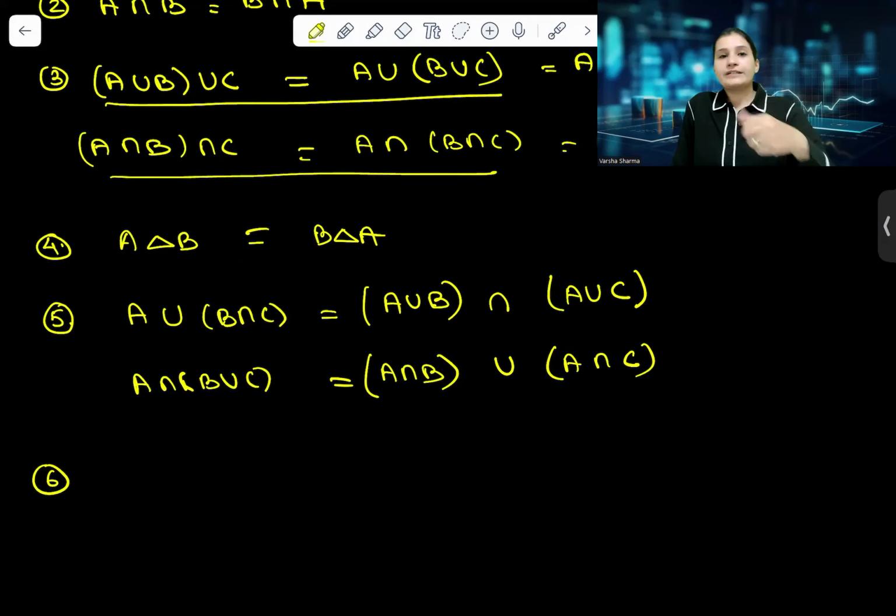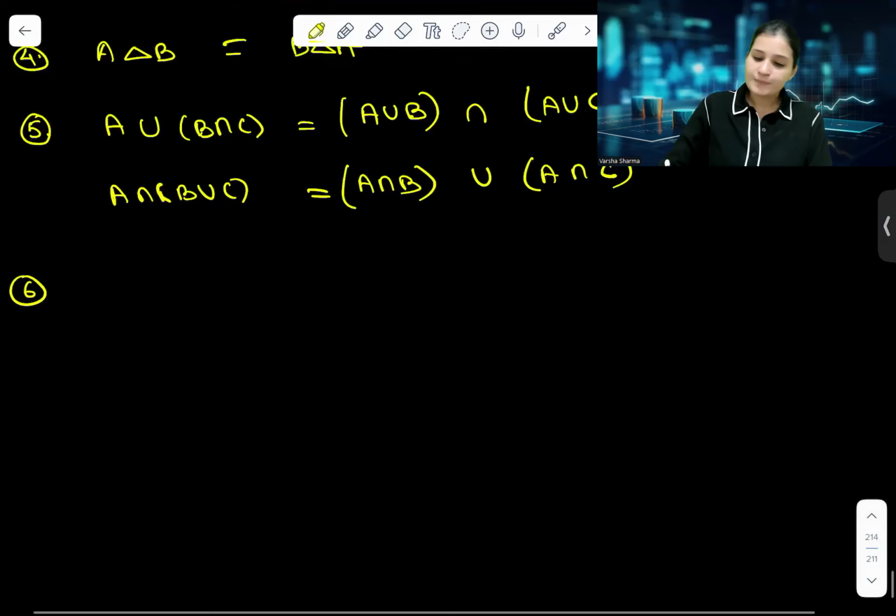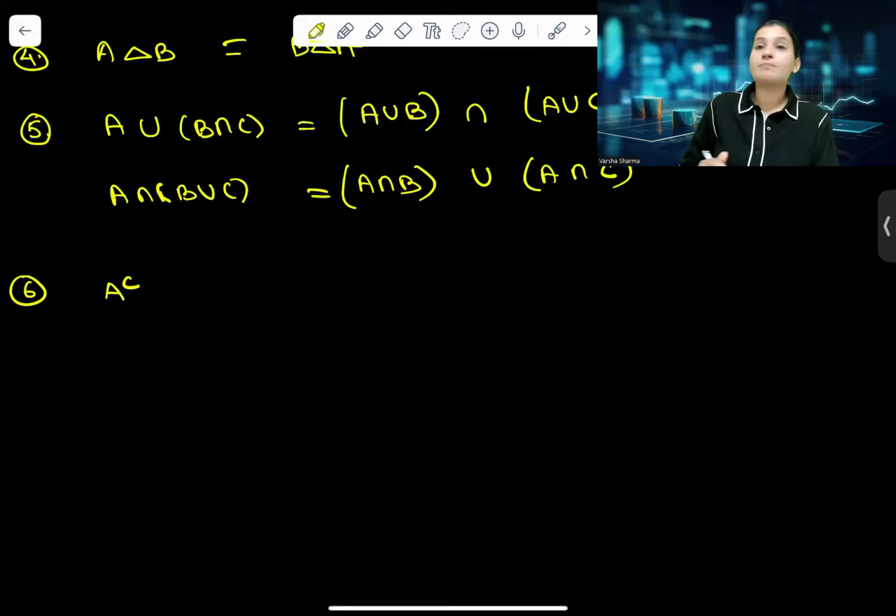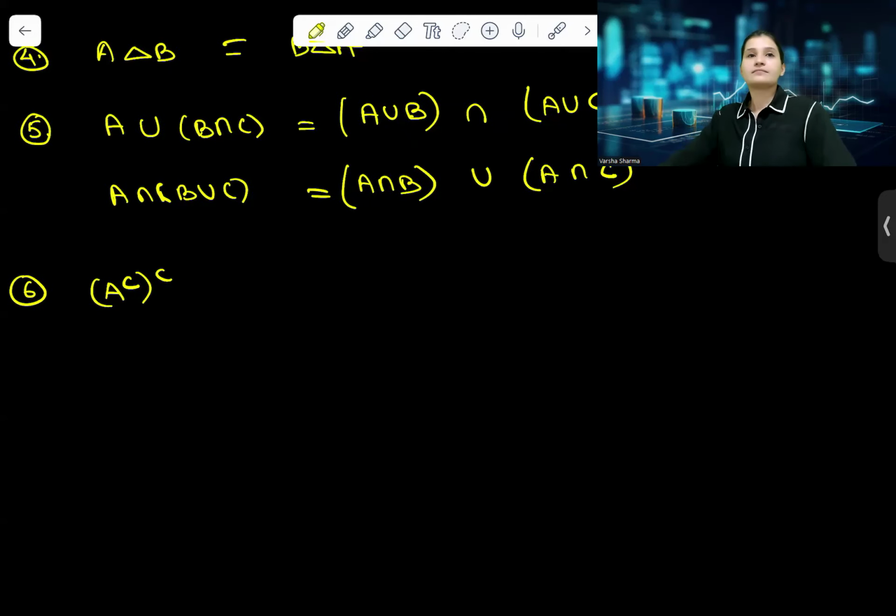So we are done with commutative, we are done with associative, we are done with distributive, the basic properties of algebra. Now we are going to talk about some special properties that only sets have. First, if I find A complement, that is what? Universal set minus A. And if I find the complement again, simultaneously twice, what will I get? A back again.